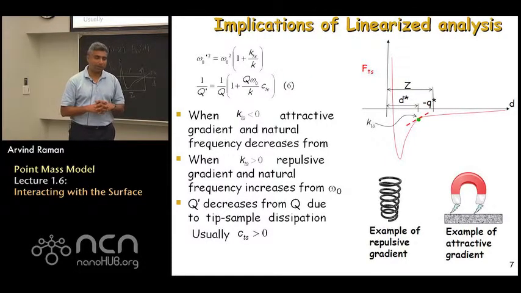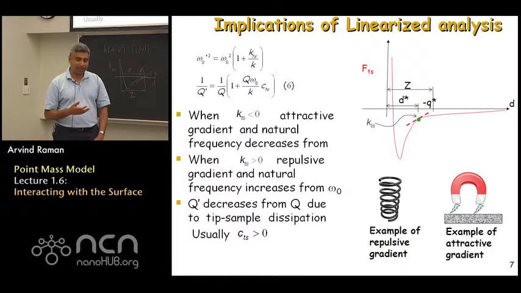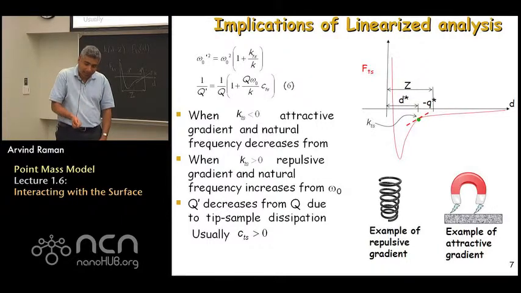A positive tip-sample interaction gradient would be a repulsive gradient, which can be mimicked by a spring. If you've got a slinky or a spring and you're pressing down on it, it would repulse indentation, and the spring constant you get from it would be a positive KTS.